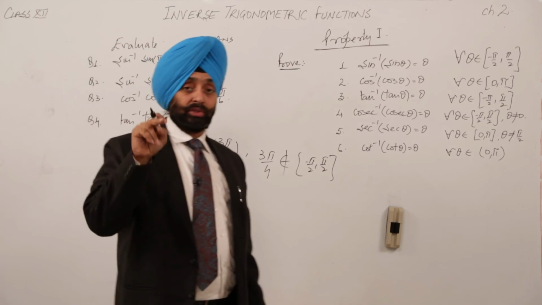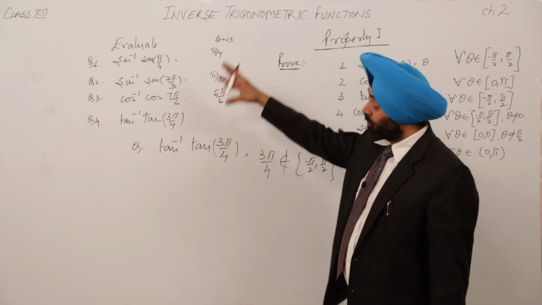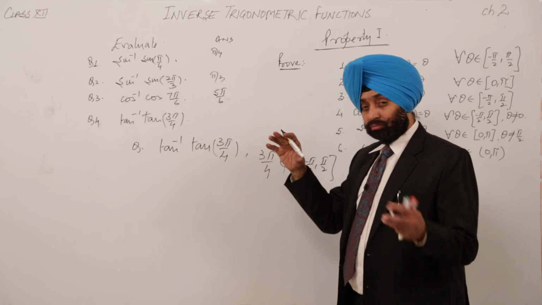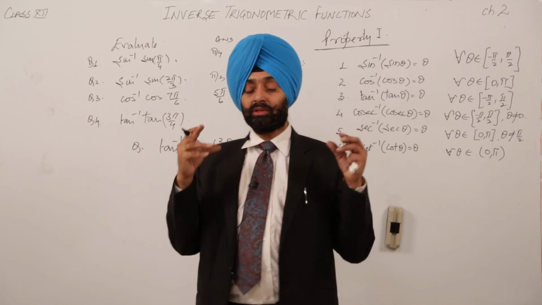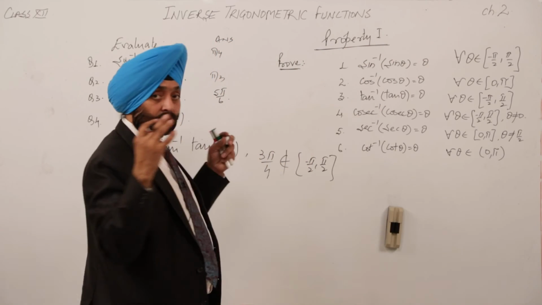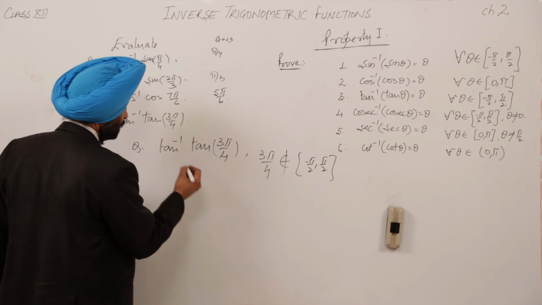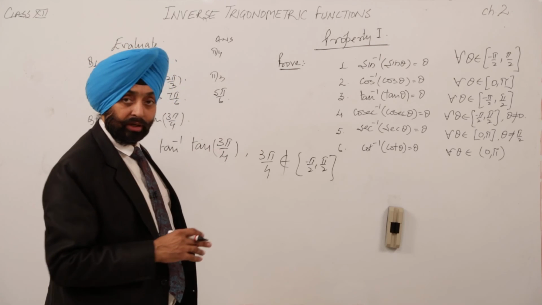Be very careful for this tan part. Compared to the rest of the 3 questions, I have given this question to you, which is a little bit tricky. It is not really tricky, you just have to give some tonic to your brain for solving this part, and it is very easy. So 3 pi by 4 doesn't belong to minus pi by 2 and pi by 2.